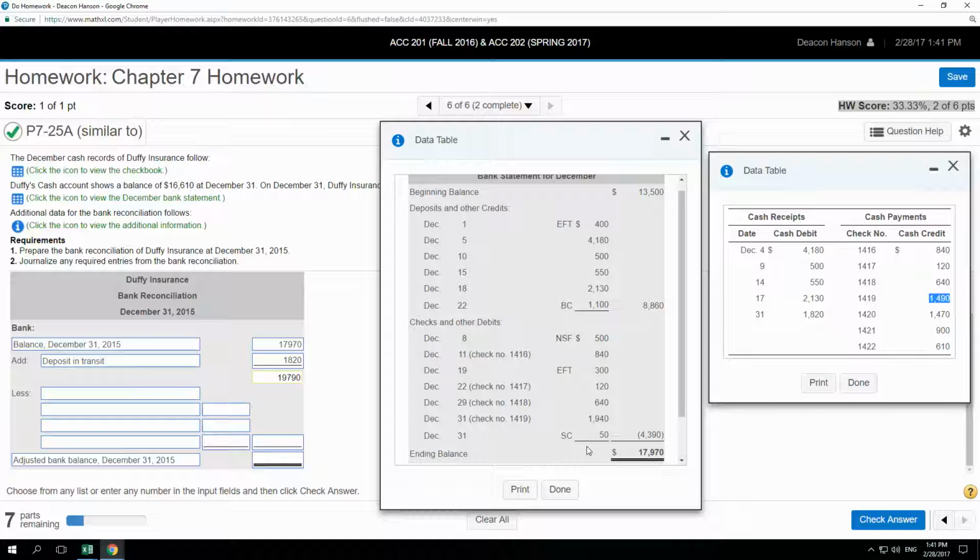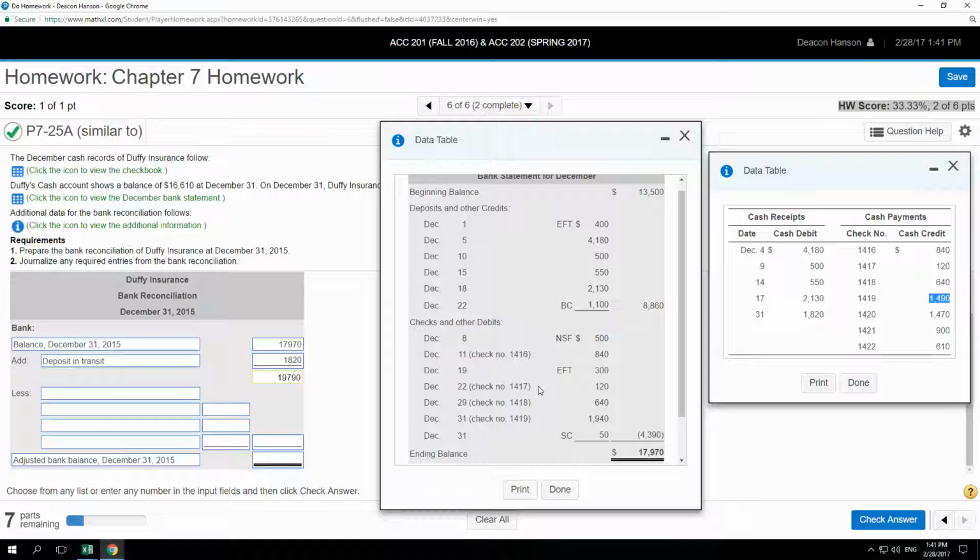Check 1419 comes through for 1,490, but the bank recorded it at 1,940. So there's a transposition there. My check in my records is showing check number 1419, 1,490. The bank recorded it at 1,940. So they flip-flopped, and we don't know who did it wrong.